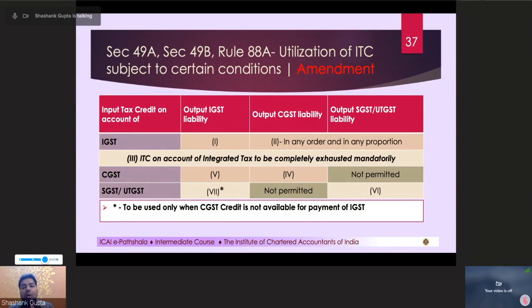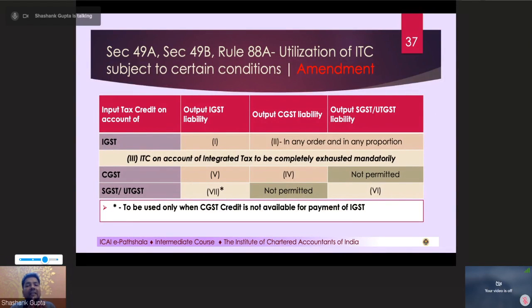See, earlier the only restriction in tax credits was that CGST credit cannot be used against SGST and SGST credit cannot be used against CGST. Other than that, there was no restriction. But the difficulty arising for the government was that in IGST, the central government has to do a lot of work.